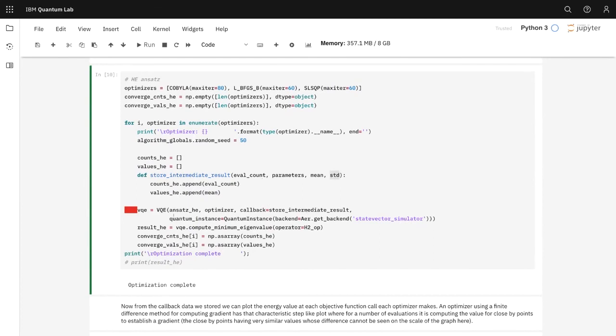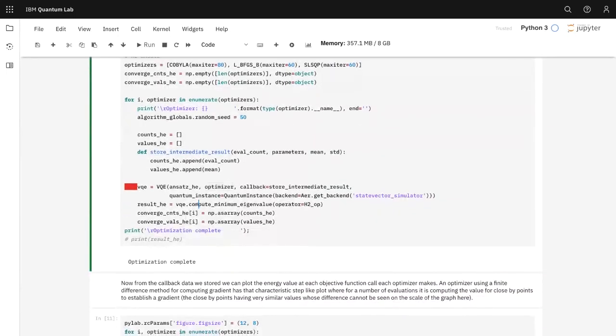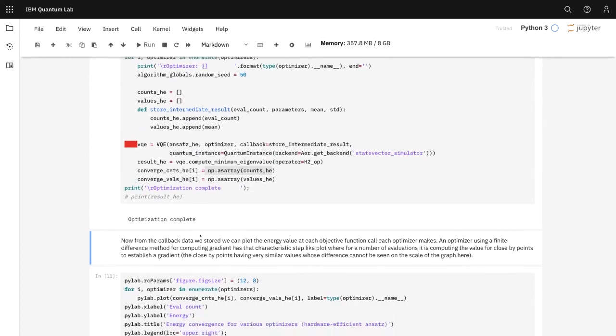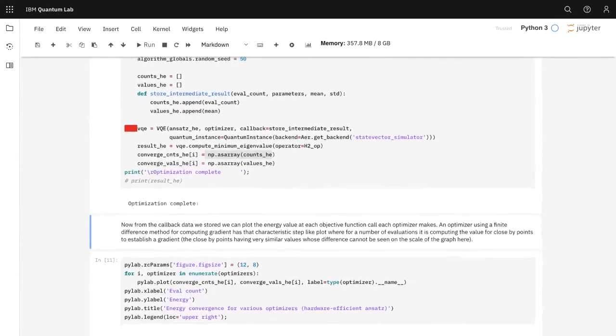And so again, the same structure: we construct the VQE object with the Ansatz and the optimizer that takes the current optimizer from this list, and we use the state vector simulator, and then we just store these arrays for plotting them later.